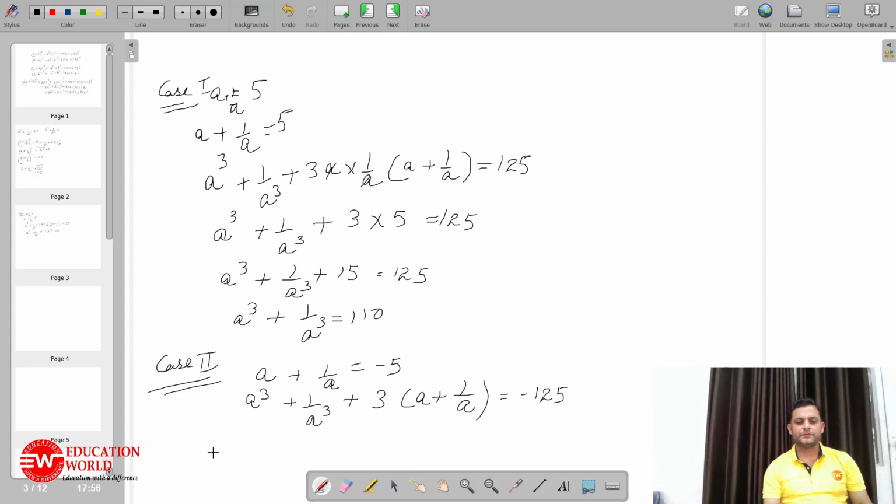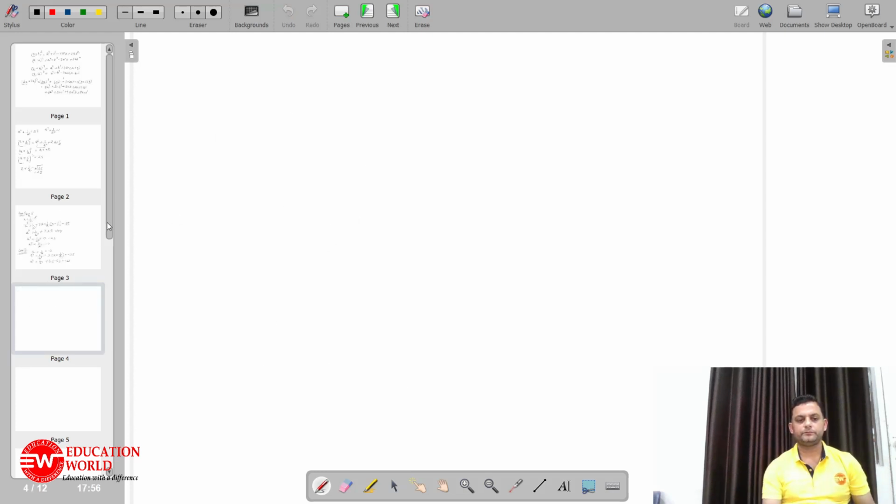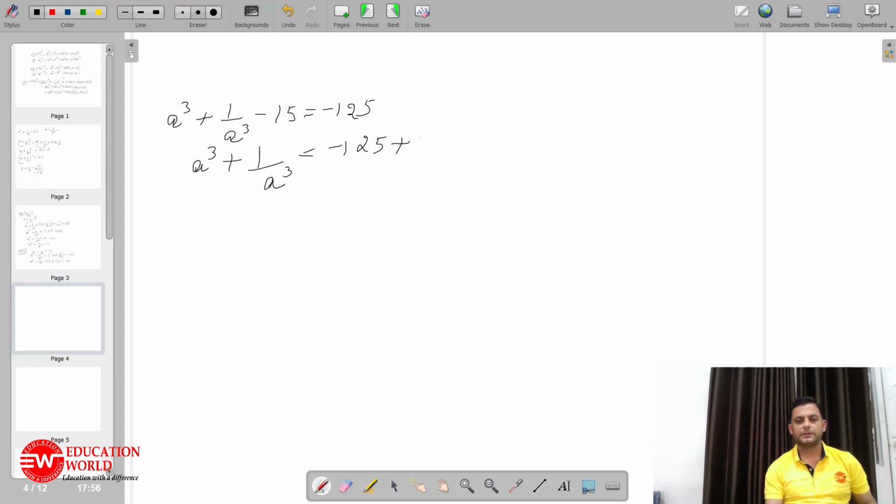So minus 5 cubed, a cube plus 1 by a cube plus 3 into minus 5, it will be minus 125. So a cube plus 1 by a cube minus 15 is equal to minus 125. So a cube plus 1 by a cube is minus 125 plus 15. So what will you get? 110.